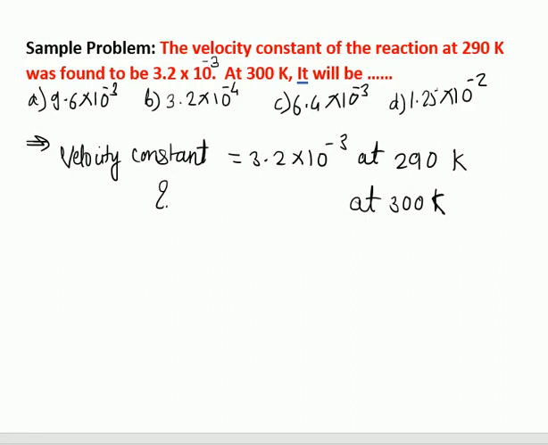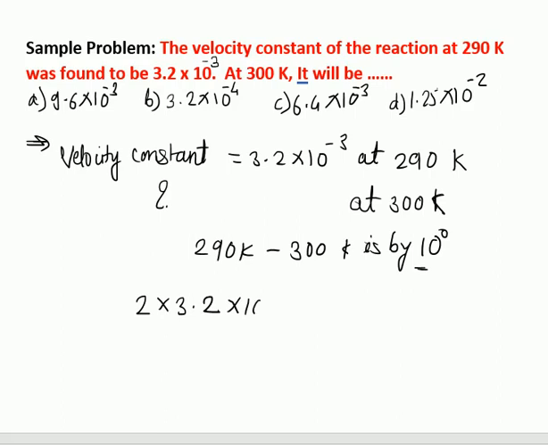So the answer will be 2 into 3.2 into 10 raised to minus 3, and it will be 6.4 into 10 raised to minus 3, and here option C is the correct one. So this is all about the factors affecting the rate of reaction.